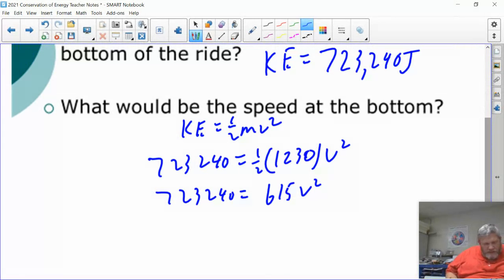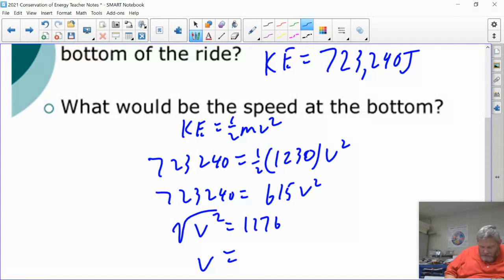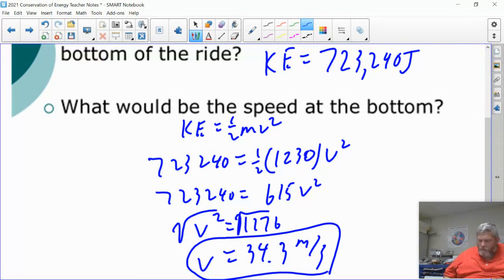We divide both sides by 615, 723,240 divided by 615. So we get v squared is equal to 1176. And so we take the square root of both sides. And the square root of that is 34.3 meters per second.